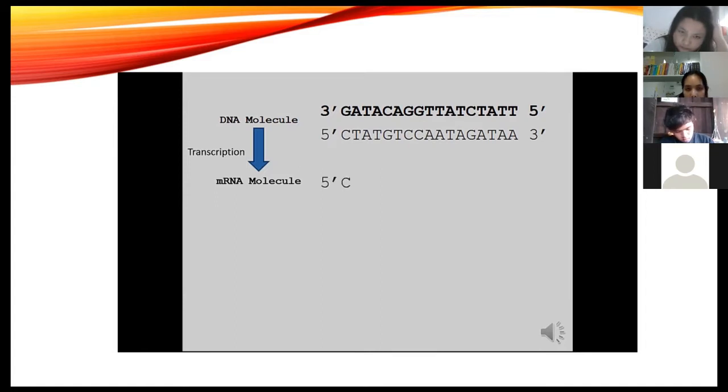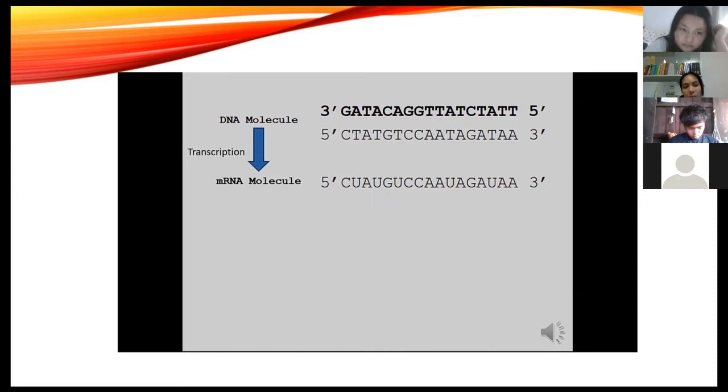So we're going to create our mRNA using complementary base pairing, and it's going to be running from 5' to 3'. You'll notice in our DNA molecule at the very top we have G that will pair up against C on our mRNA.